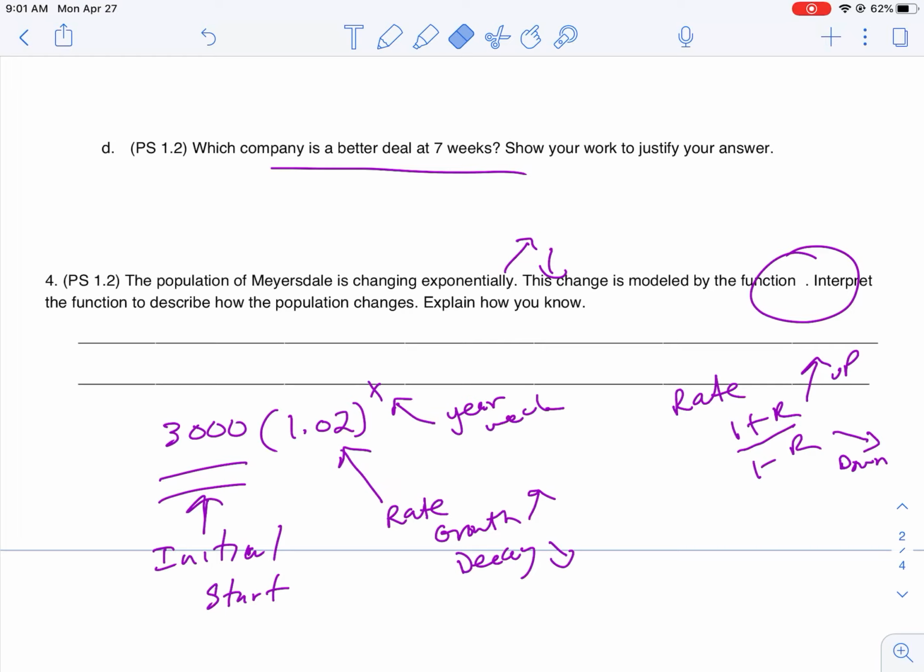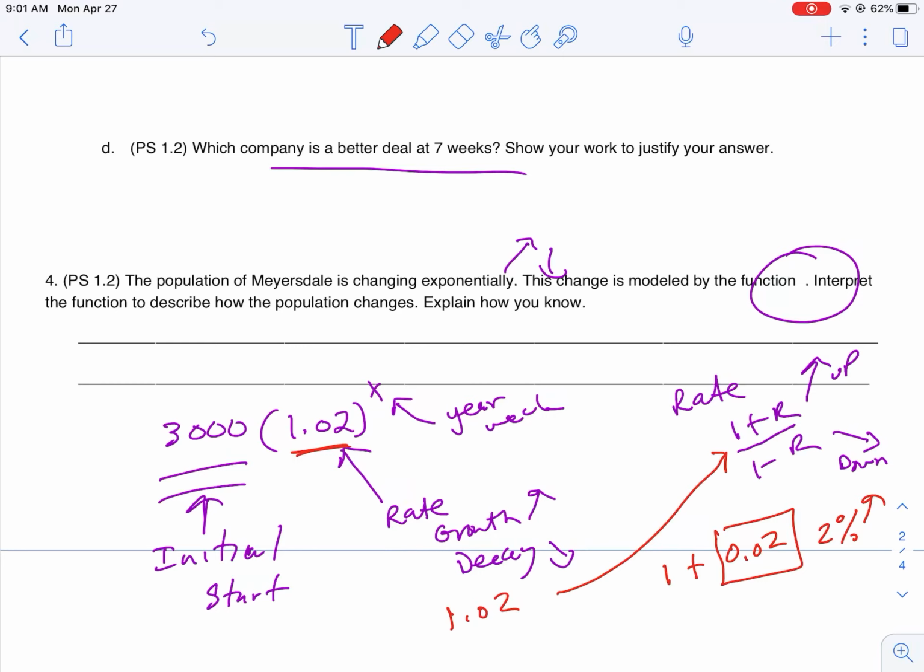So let's go back here and look at our rate. I'll use a different color here. In my example, I have 1.02, which means my rate was going up. But we need to know how much it was going up. So it's 1 plus the rate, and that must be the 0.02, and so the rate of going up was 2%.